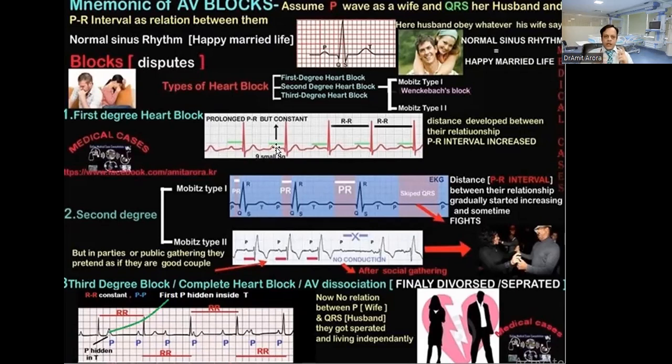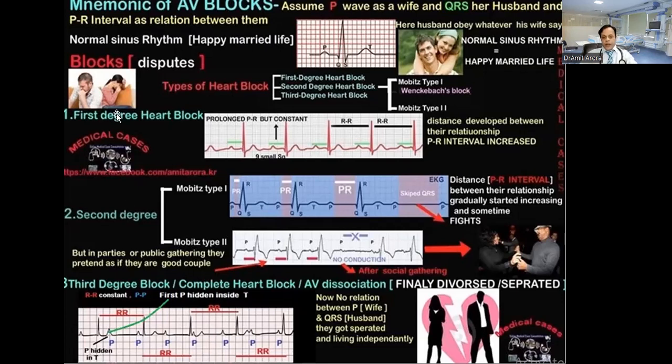Normal PR interval is 3 to 5 small squares. If it is more than 5 small squares, 6 or 7, we call it first degree AV block. You can remember that after marriage, there is a little bit of distance, the PR interval is a little bit prolonged, but no problem is there. It doesn't even need any intervention or treatment.